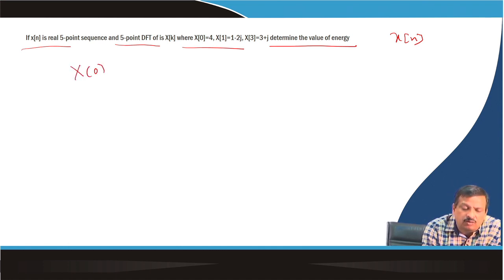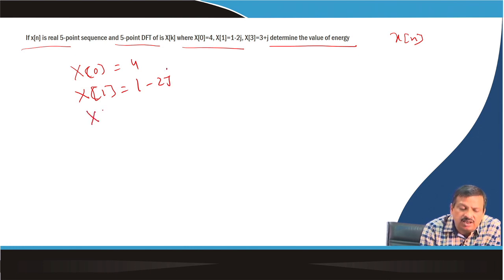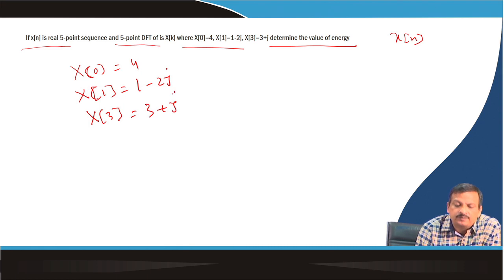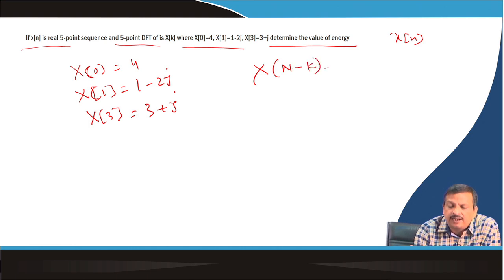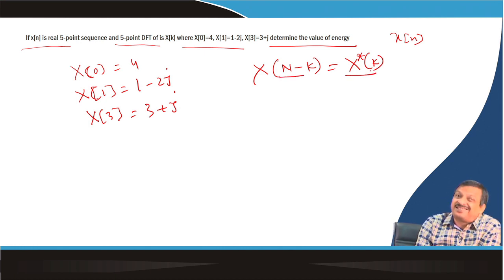X of 0 is equal to 4, X of 1 is equal to 1 minus 2j, X of 3 is equal to 3 plus j. Then what do you know? For a 5-point DFT, X of N minus k is equal to X star k, the complex conjugate of X of k.